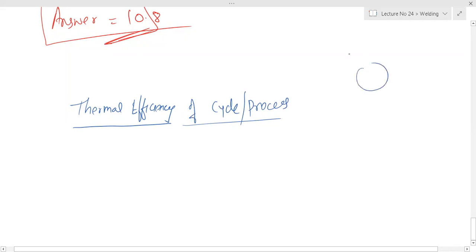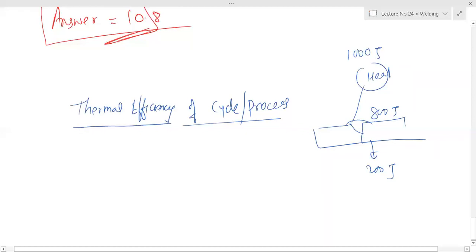Same thing we discussed yesterday: heat 1000 joule, and finally 800 joule reaches the weld joint, and 200 joule is conducted away. If this is a heat source, it may be electric, gas or chemical. This is heat generated, that is H equal to this much.